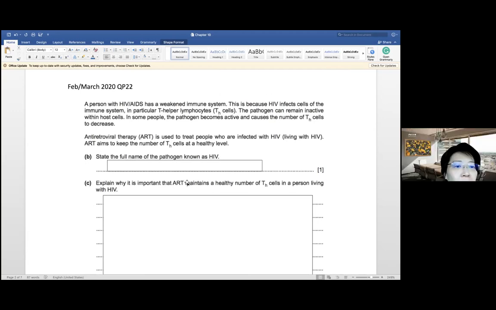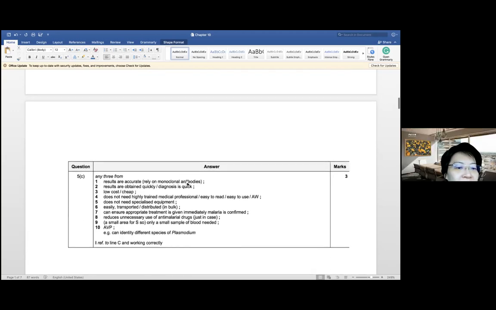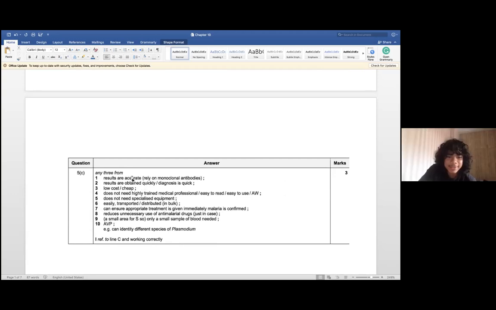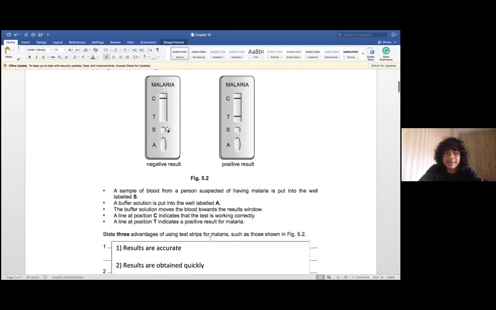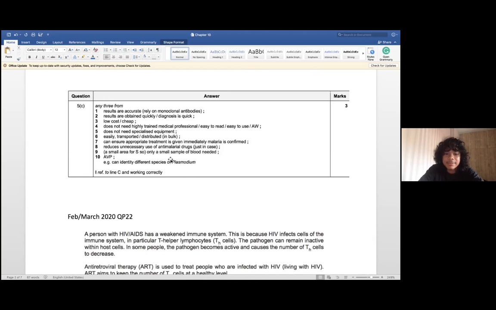So moving on. Show us the rest of the 7, please. Oh, okay. So I gave you guys the 3 already. So the next 7 is: doesn't need highly trained medical professional, doesn't need specialized equipment, easily transported, can ensure appropriate treatment is given immediately, malaria is confirmed, reduces unnecessary use of anti-malarial drugs, a small area for S. Only a small sample of blood needed.